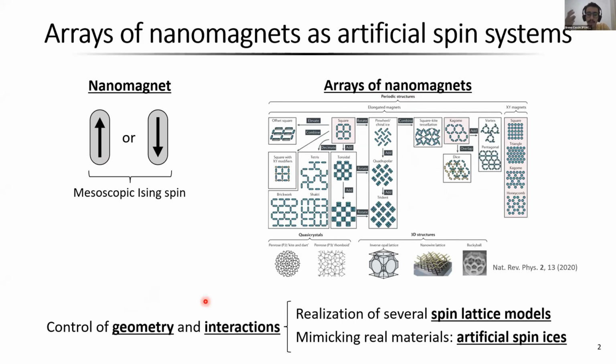In turn, you can experimentally realize several spin lattice models or mimic real materials. In the beginning, they were used to mimic spin ice materials. That's why these arrays are generally referred to as artificial spin ice, although nowadays they go beyond that purpose.